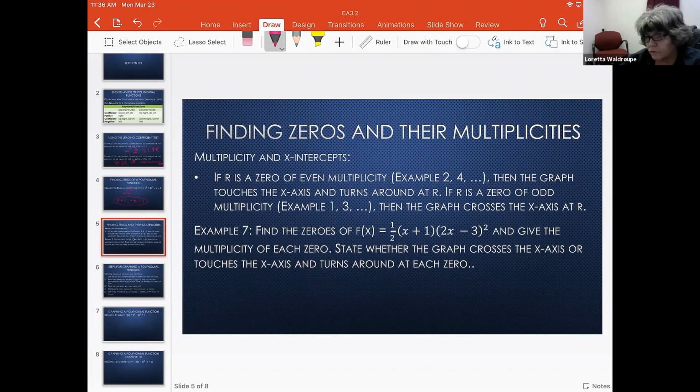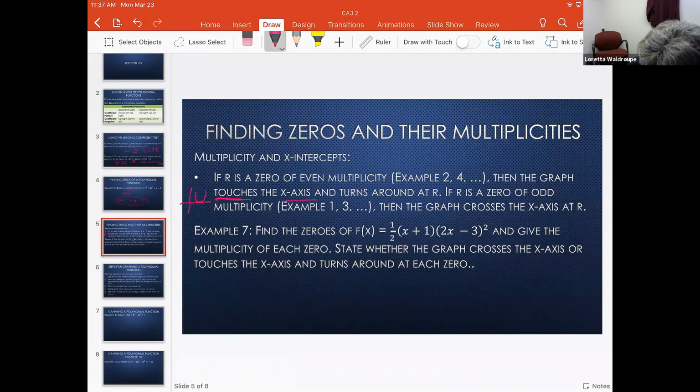Okay, so sometimes a number can be a solution twice. When you look at the graph and where it crosses the x-axis, if it touches the x-axis and then turns, so that means it's going to go like this, then it has even multiplicity.